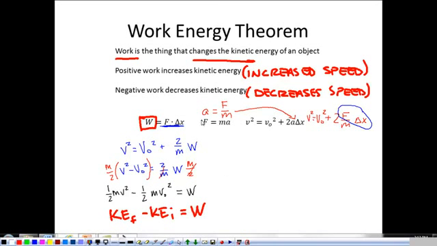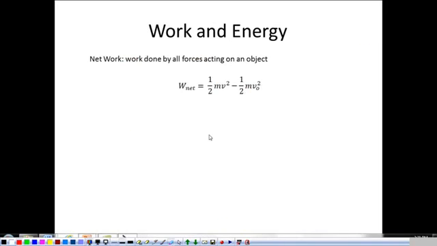I skipped a step. That is the net force acting on my object. So this has to be the net work acting on an object. So net work is going to change the kinetic energy of an object. And that's just looking at net force. We're going to look at that in our next slide.